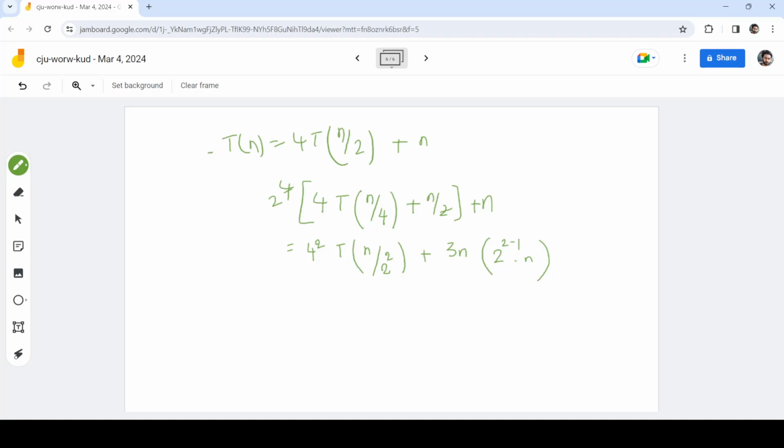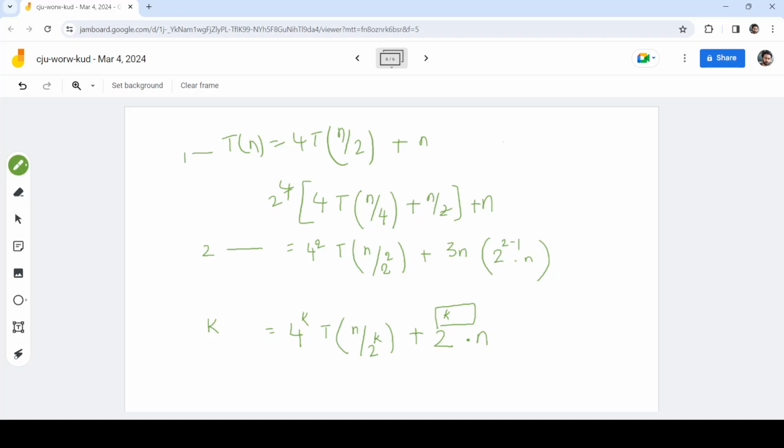So this is level 1. This is level 2. At level k, the equation will be 4 to the power k times T(n/2 to the power k) plus 2 to the power k minus 1 times n. We can approximate this part as simply 2 to the power k, so we can erase the minus 1.